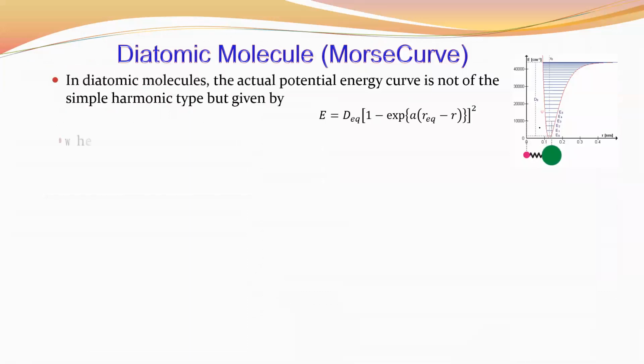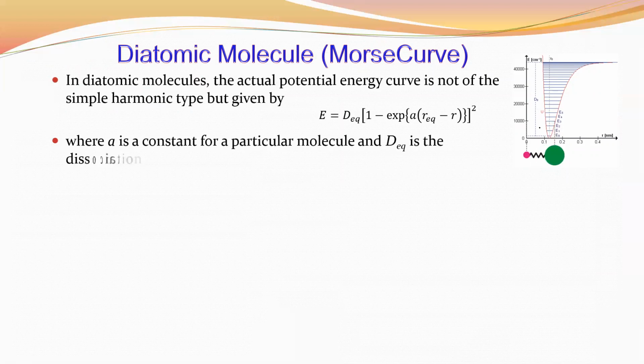Morse proposed that the diatomic molecule vibrates in such a way that its potential energy is not of the simple harmonic type, but is given by E equals D equilibrium into 1 minus exponent of A into R equilibrium minus R, whole square.